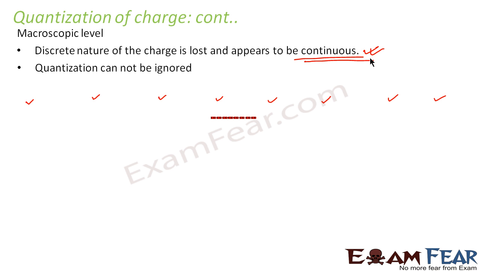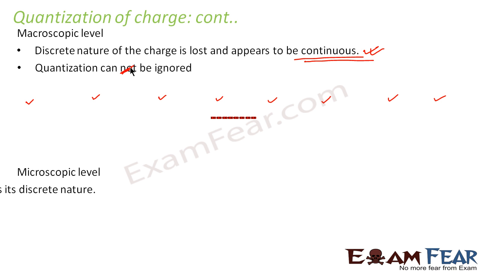At the macroscopic level, the concept of quantization can be ignored, because we deal with large values of charges. Right? So those small values of 10 to the power minus 19 don't make much difference to it. So we say that at the macroscopic level, charge appears to be continuous and quantization can be ignored.